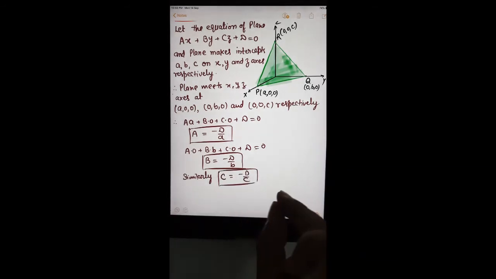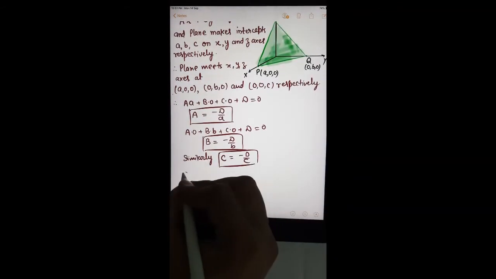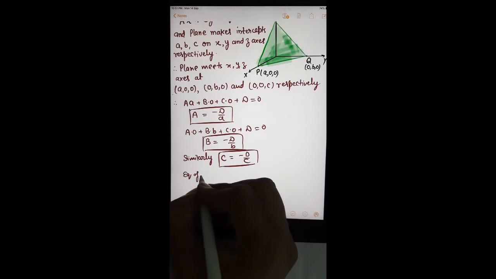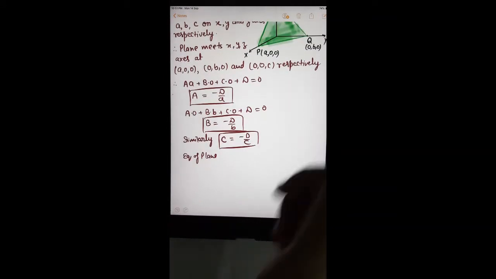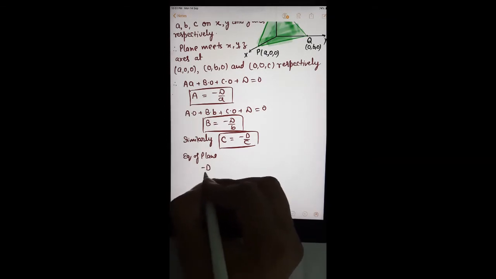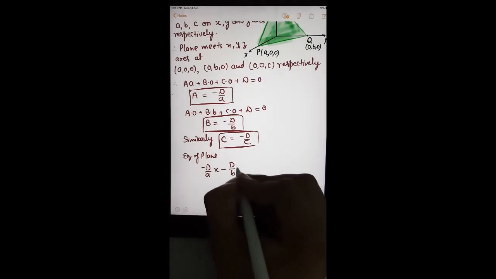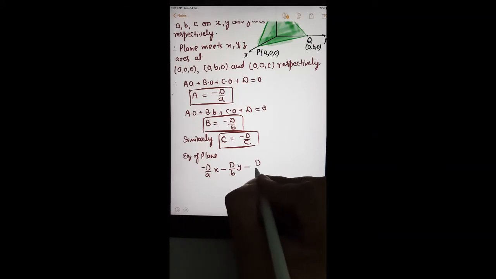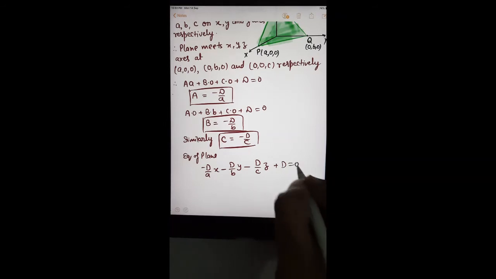Now if we put these values in the general equation of plane, then the equation of plane will be minus d upon a x, minus d upon b y, minus d upon c z plus d equals to 0.